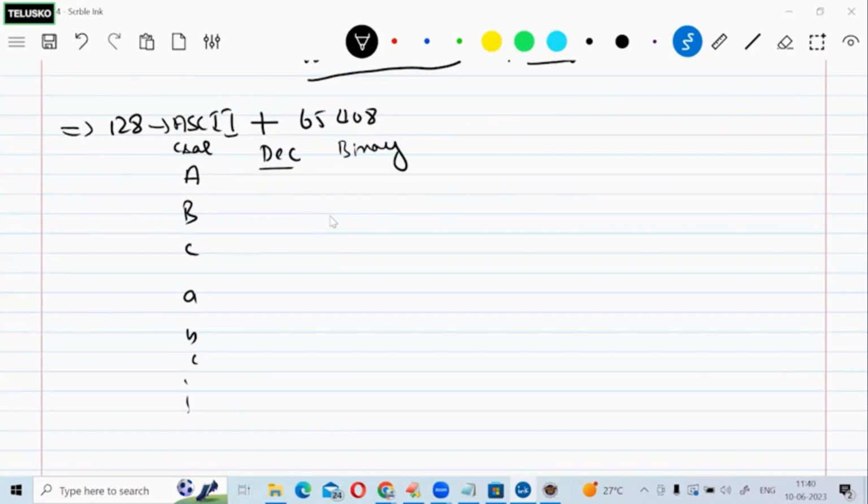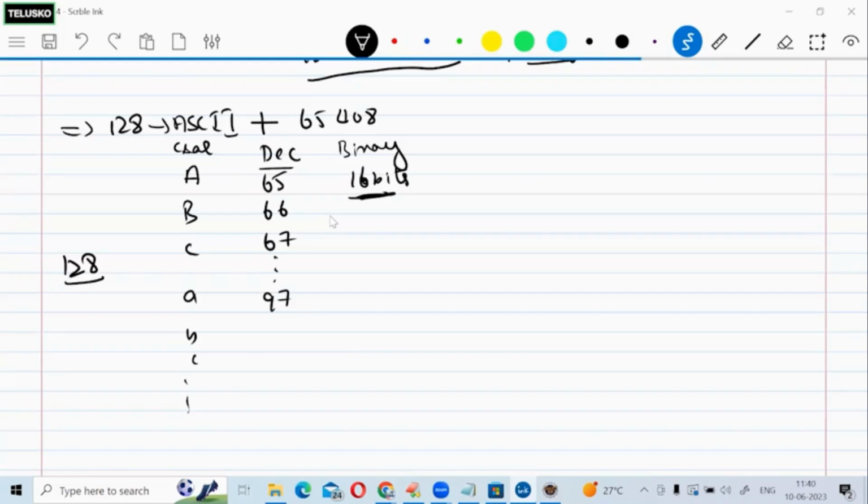In ASCII, for capital A it is 65, capital B 66, capital C 67, and small a is 97. This decimal value and actual character for the starting 128 remain the same in Unicode. Binary changes from 8 bits to how many bits? 16 bits. But for the starting 128 characters of ASCII, are the decimal values for UTF and ASCII the same or different? Please answer.